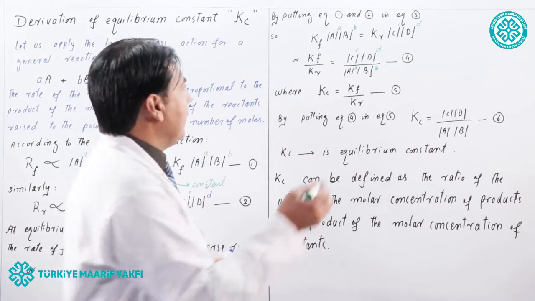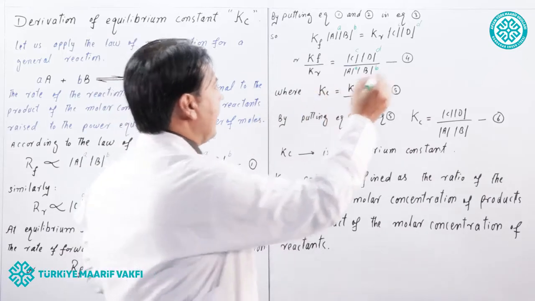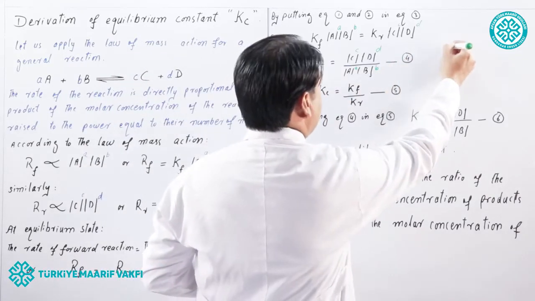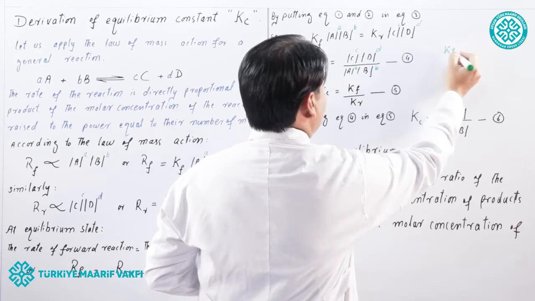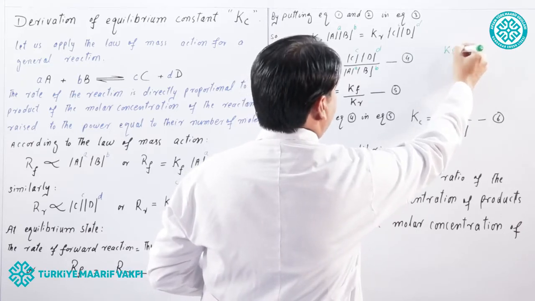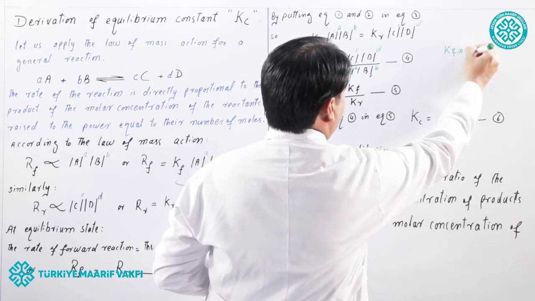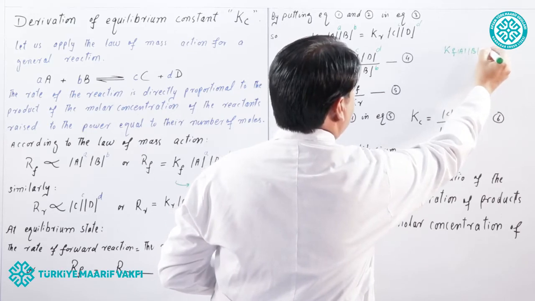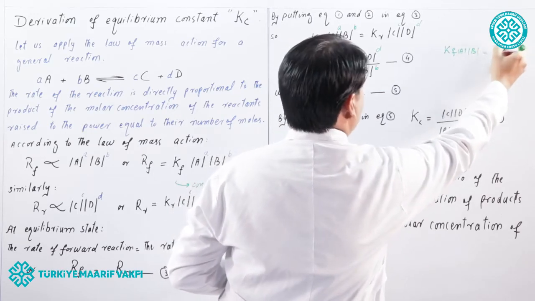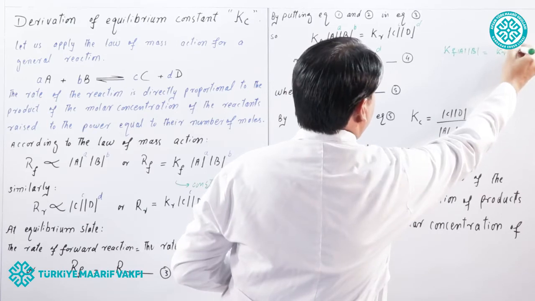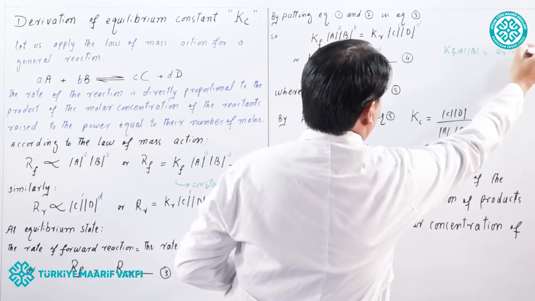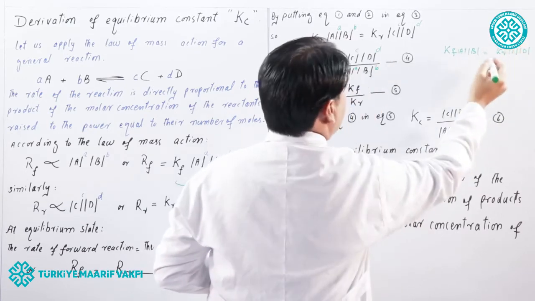So Kf into [A]^a into [B]^b is equal to Kr into [C]^c into [D]^d.